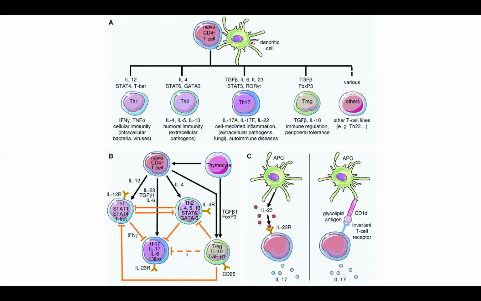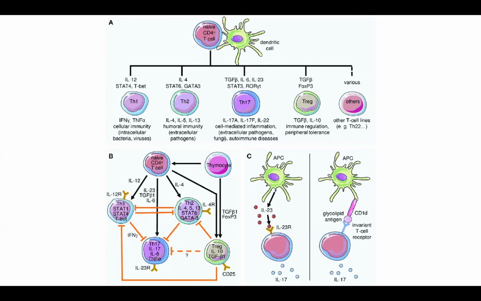If that chemical happens to be interleukin 12, then you're going to create this T helper cell 1. Then you have interferon gamma and TNF alpha produced by that T helper cell.